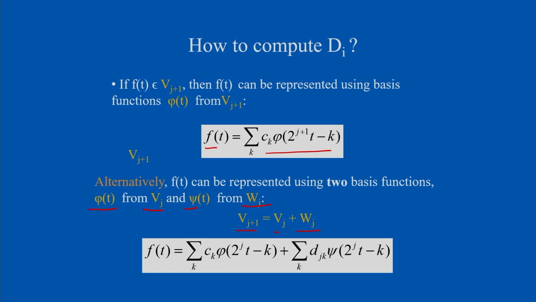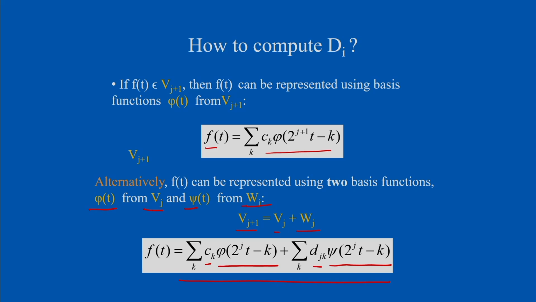So that means the function Ft can be represented like this. I am considering two basis functions. One is phi, the basis function phi 2 to the power j into t minus k, and another one is psi 2 to the power j t minus k. And you can see the coefficients ck and djk are the coefficients I am considering, because I am considering linear combinations.